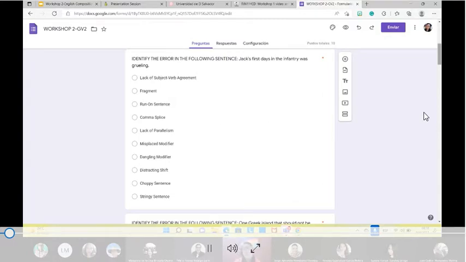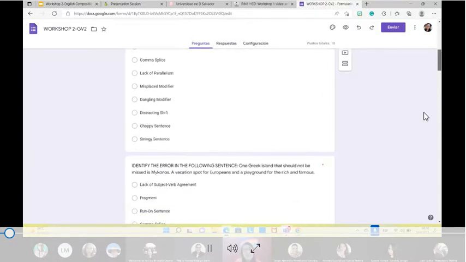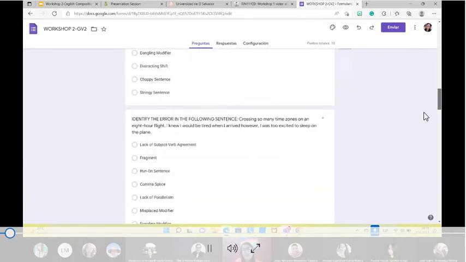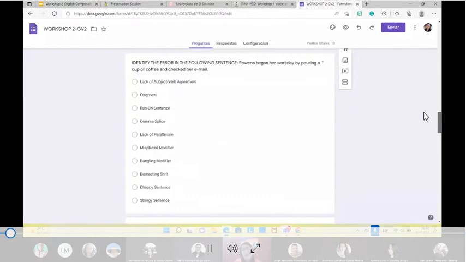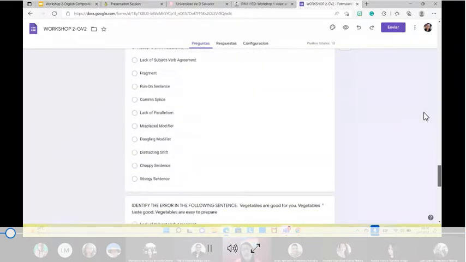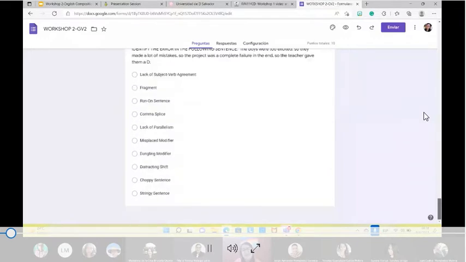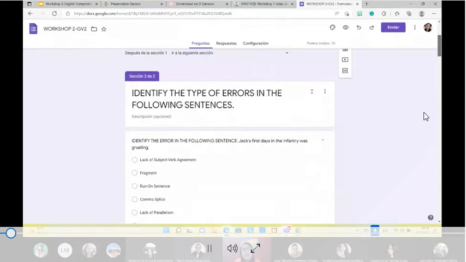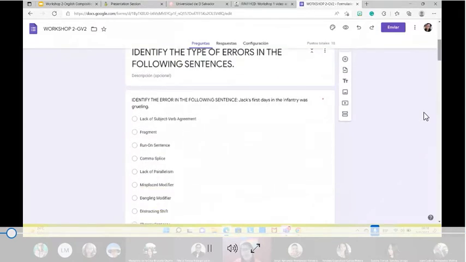That's what you have to do per sentence. Same here. So we have 2, 3, 4, 5, 6, 7, 8, 9, and 10. So those are 10 sentences that need to be corrected. Not corrected per se, but of course you must identify which is the error in each of them.